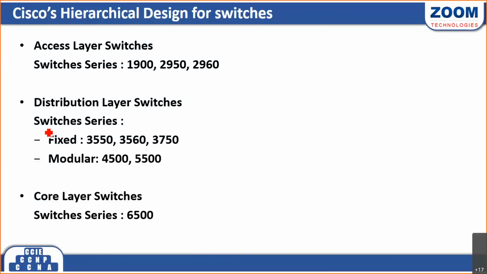So Balu, how can we identify which switches belong to which layer? Because I know 5000 series are the distribution and 9000 series are the core layer. So is there any way to identify those? Yeah, based upon the series, we can find out which is layer 2 and layer 3.